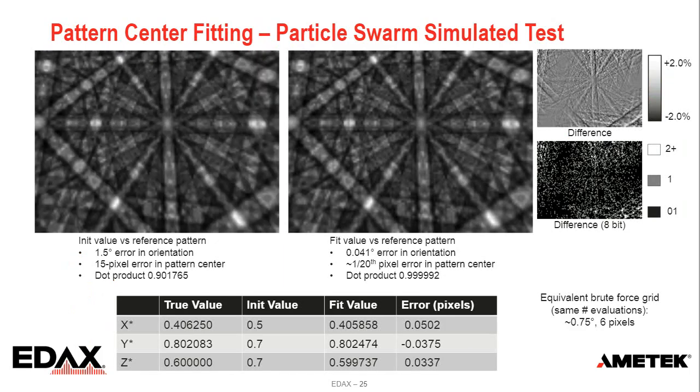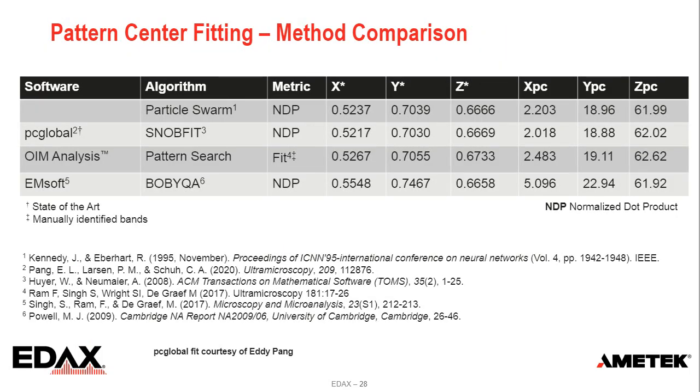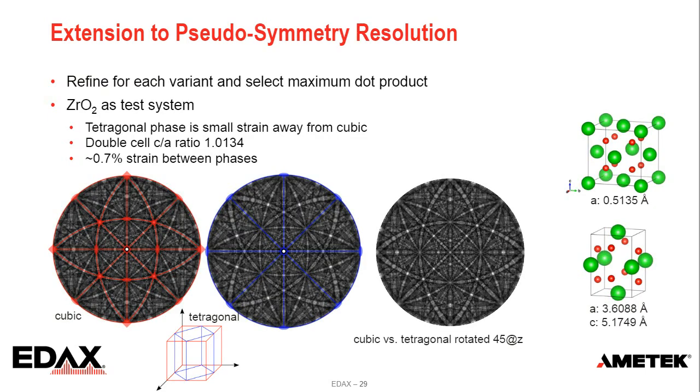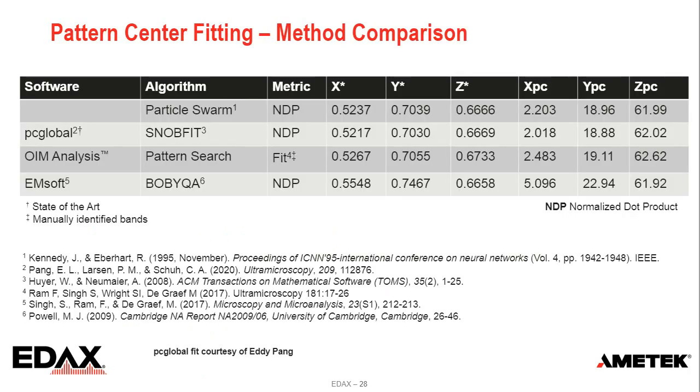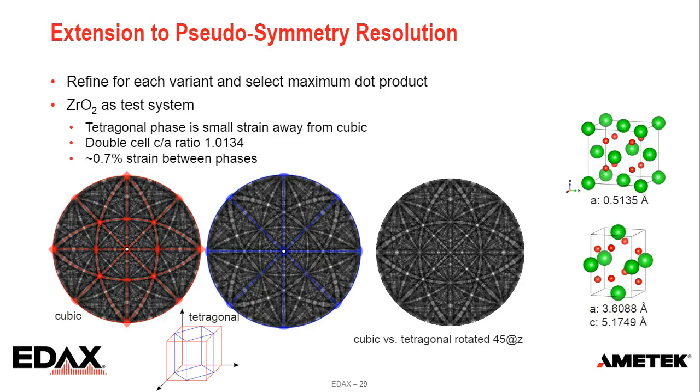So you can express Pattern Center as X star, Y star, Z star in the EDAX convention, which are fractional detectors. So 0.52 is 52% of the way over from the left edge of the detector. EMSoft uses XPC, YPC, ZPC, which is essentially different units. Instead of being a fractional detector, it is how many pixels over from the center of the image it is.